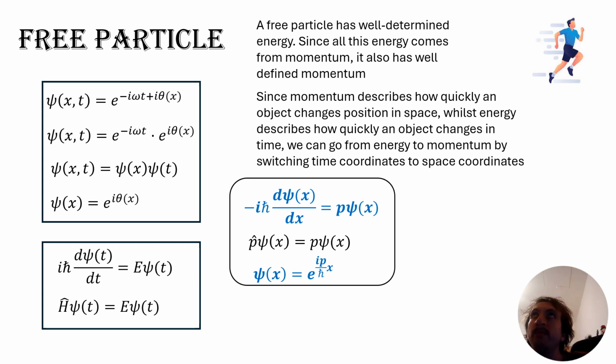But this wave is oscillating not with respect to time t, but with respect to spatial position x. And so because of that, p is telling us not about how rapidly the wave changes in time, but about how rapidly the wave changes in distance x. So p is relating to the wavelength of the wave.